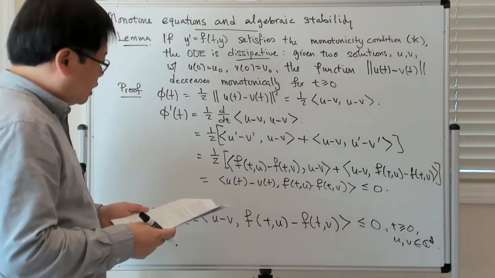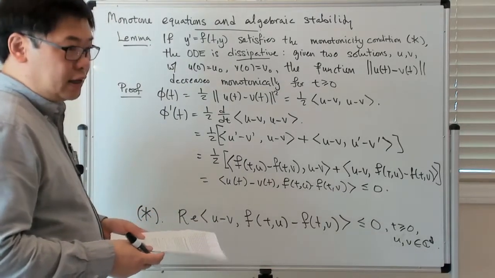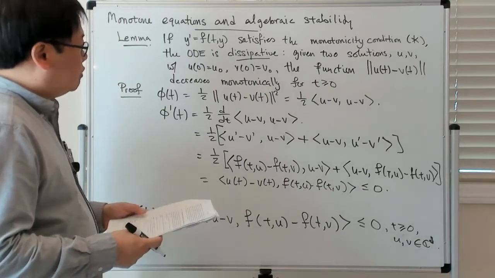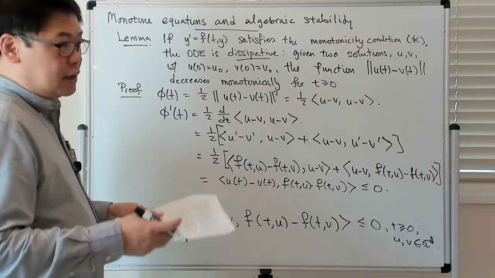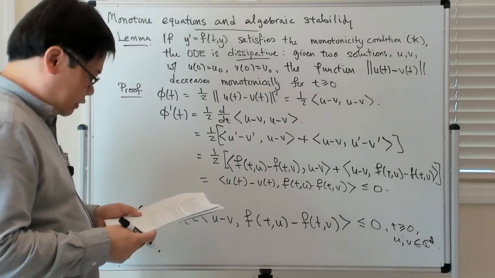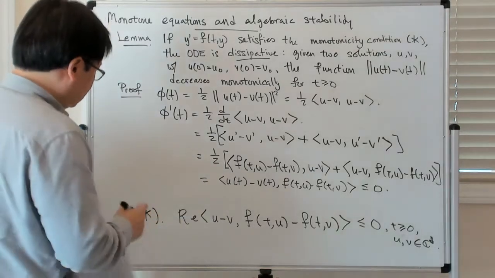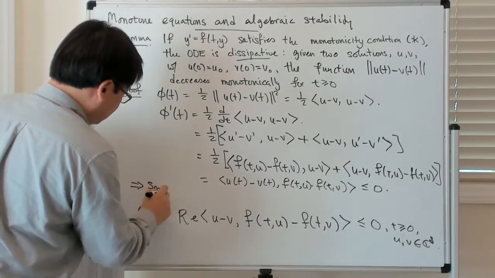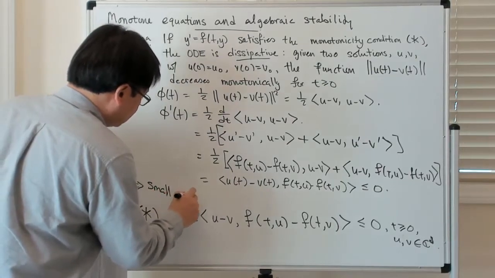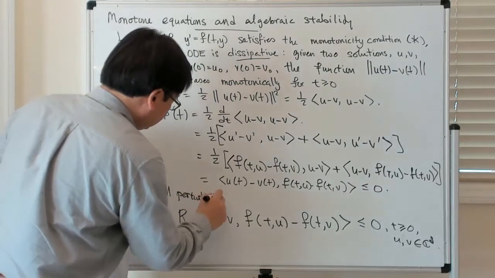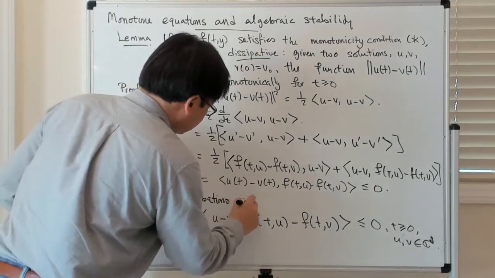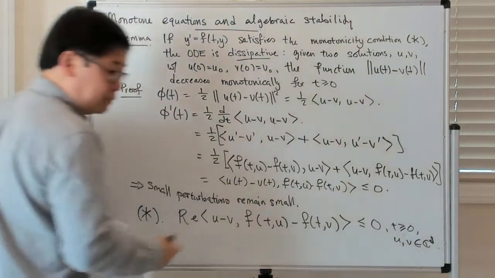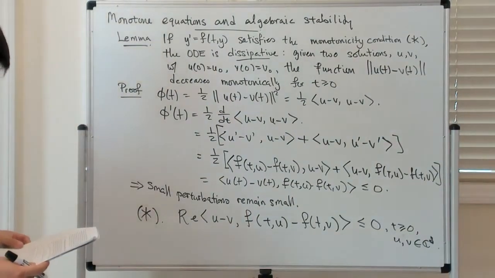The implication is that if these two represent perturbations of each other, maybe with slightly different initial conditions, then those perturbations remain small forever. So there's some sort of stability-like condition here.